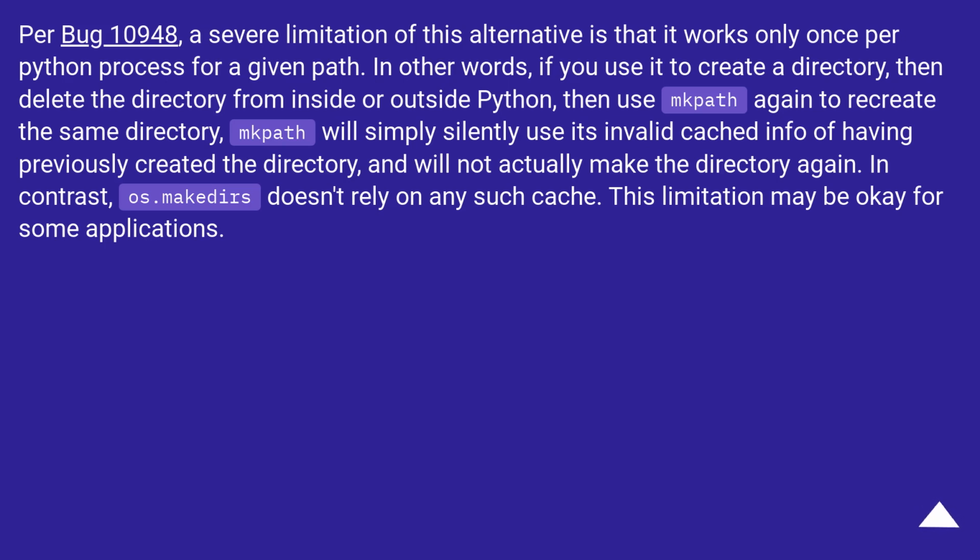In other words, if you use it to create a directory, then delete the directory from inside or outside Python, then use mkpath again to recreate the same directory, mkpath will simply silently use its invalid cached info of having previously created the directory, and will not actually make the directory again. In contrast, os.makedirs doesn't rely on any such cache. This limitation may be okay for some applications.